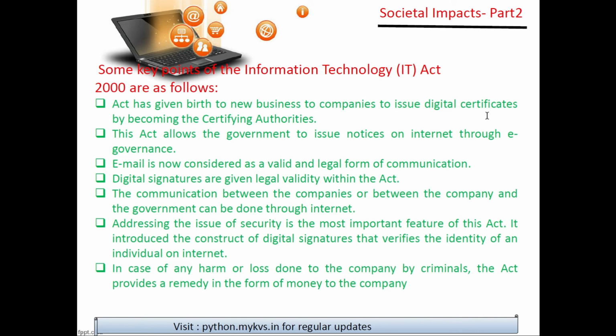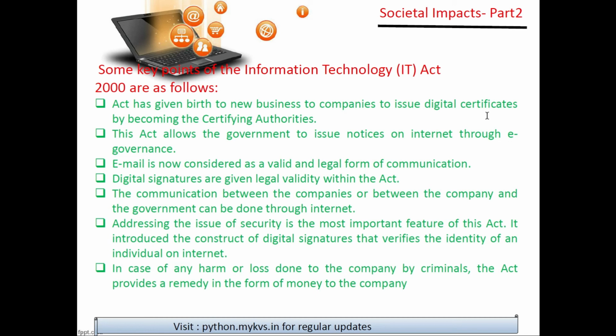The Act has given birth to new businesses, allowing companies to issue digital certificates by becoming certifying authorities. The certifying authorities can give certificates to the new businesses. This Act allows the government to issue notices on the internet through e-governance.